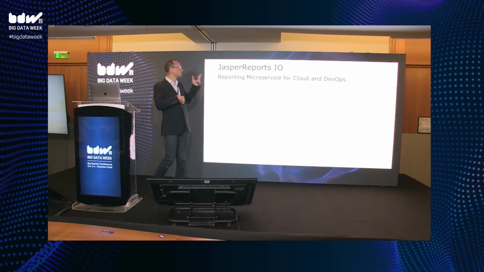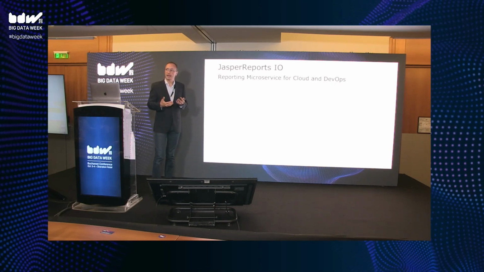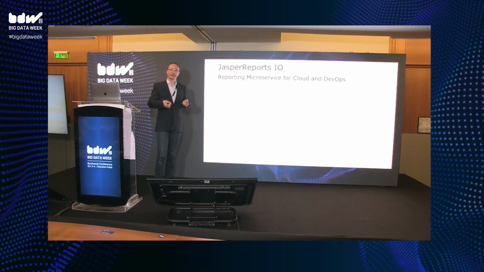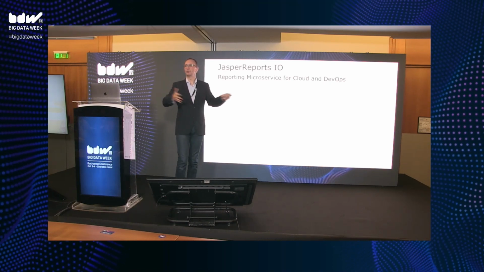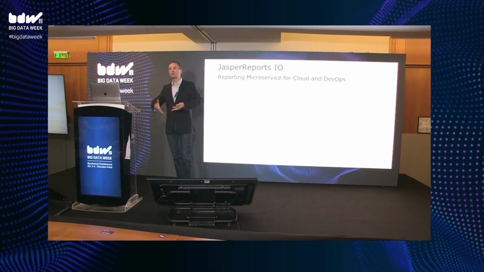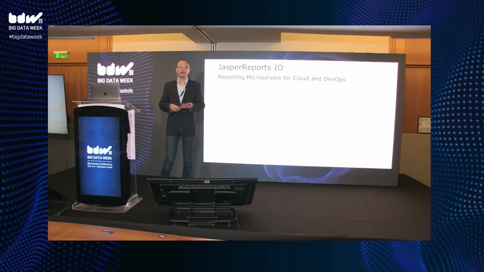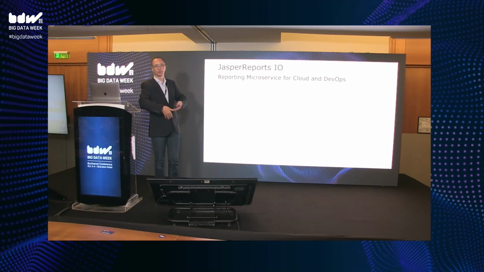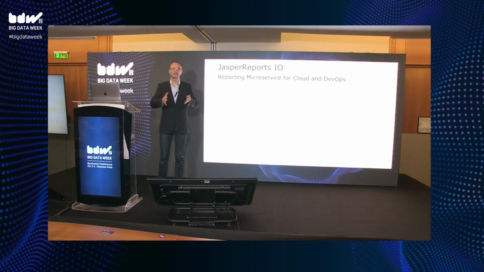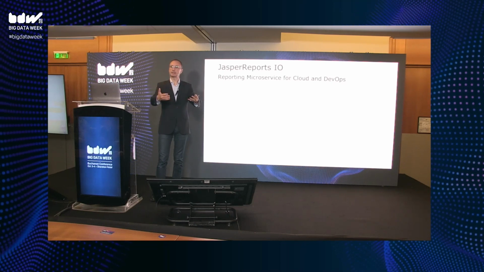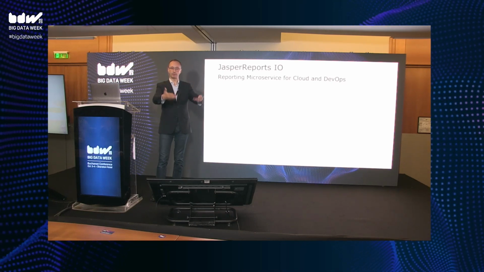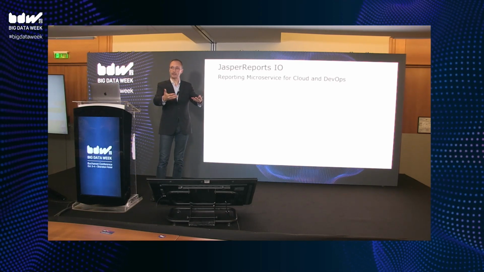So this is how JasperReports IO came into being. It only does reporting, nothing else. It doesn't have security. It knows nothing about users or stuff. It just exposes the REST API. It doesn't have a scheduler to schedule reports. Nothing. Just endpoints to trigger report execution, like I want to execute this report, here are my parameters, run it for me.